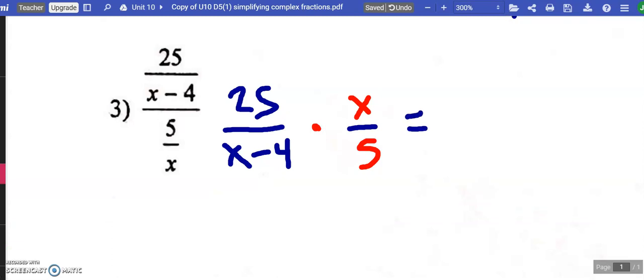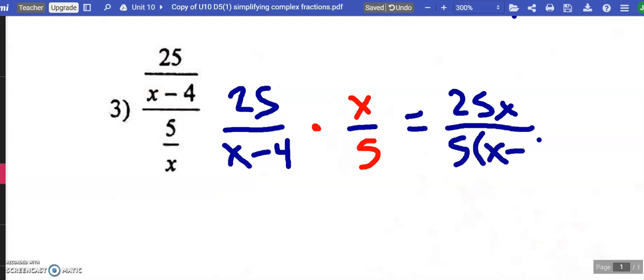So 25 times x will give me 25x. 5 times x minus 4 will be written like this. Keep in mind that I need to keep the x minus 4 grouped together, which is why I put the parentheses the way that I did. So then from here, we will reduce the fraction.